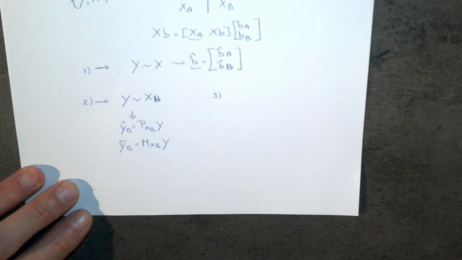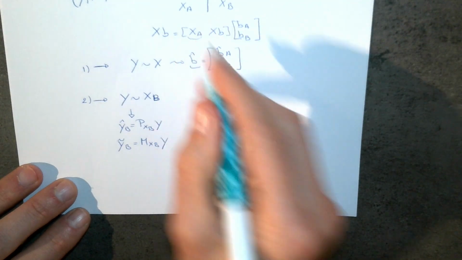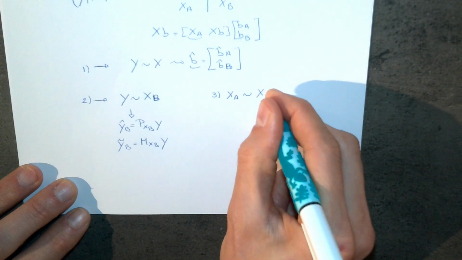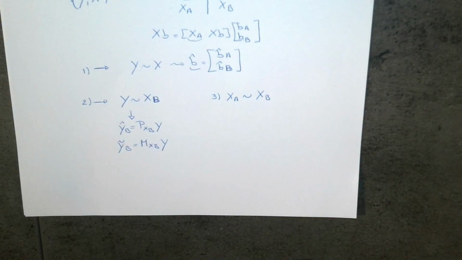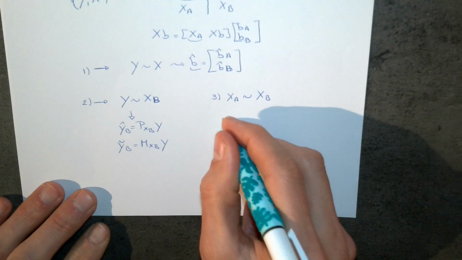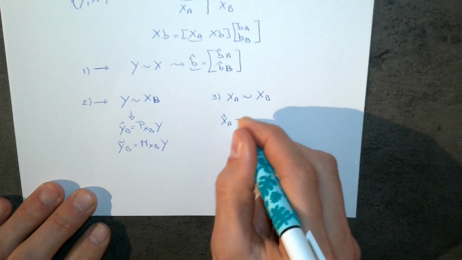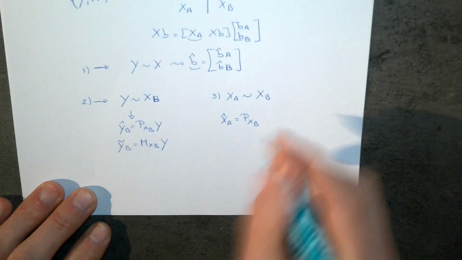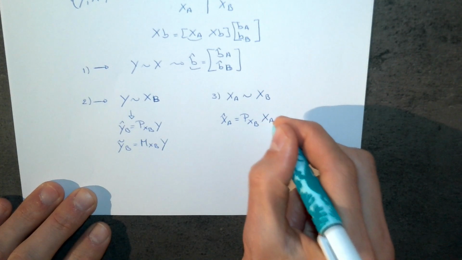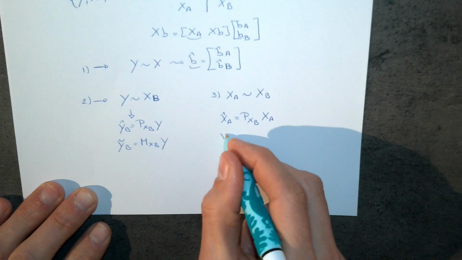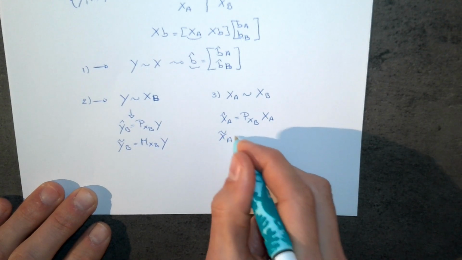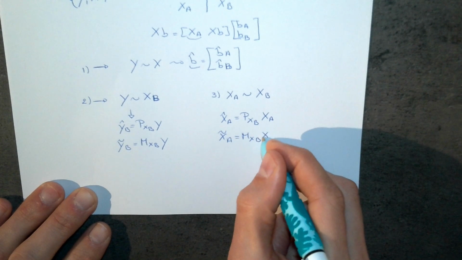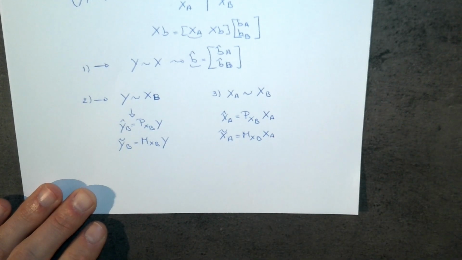Third instance, what you can also do is you can regress all the columns of xa on xb. And here also you get an x hat a, which is a projection matrix obtained by xb times xa, and you can get the residual x tilde a, which is the residual matrix mxb times xa.